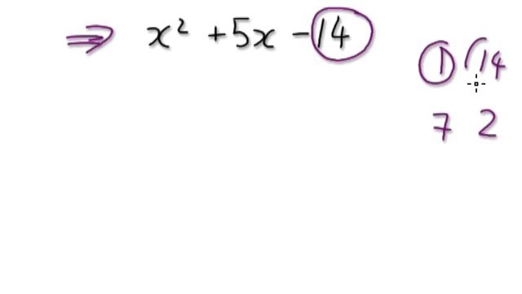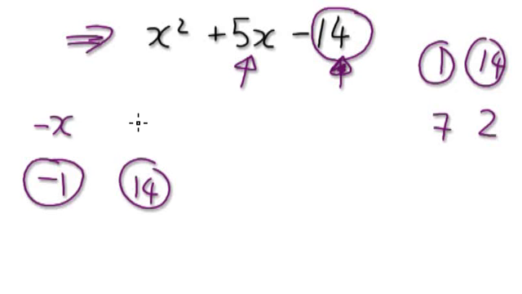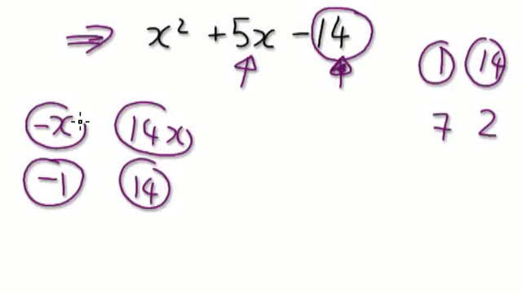Let's have a look at the 1 and a 14. How would you create a 5x with 1 and 14? You could say negative 1 and then positive 14. Remember, one of the two will have to be negative in order for you to create this negative 14 here. This here will give you minus x, and this will give you 14x. So later on, when you merge the two, it will become 13x.